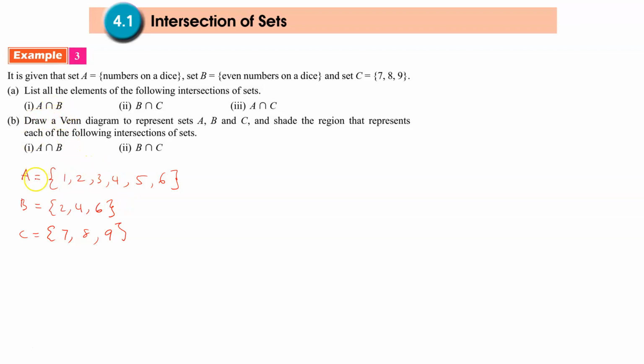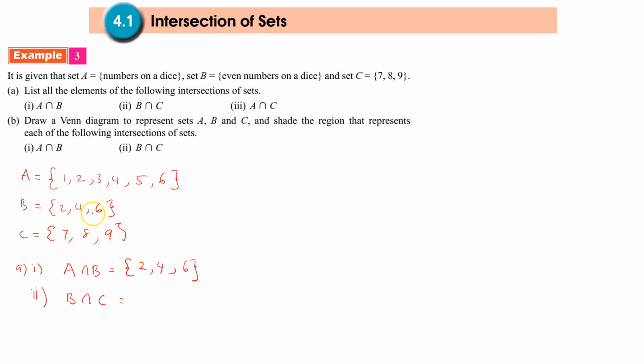For A intersect B, A and B share the same common elements. So A intersect B is equal to 2, 4 and 6. Both have 6. For part 2, B intersect C. Is there an intersection between B and C?